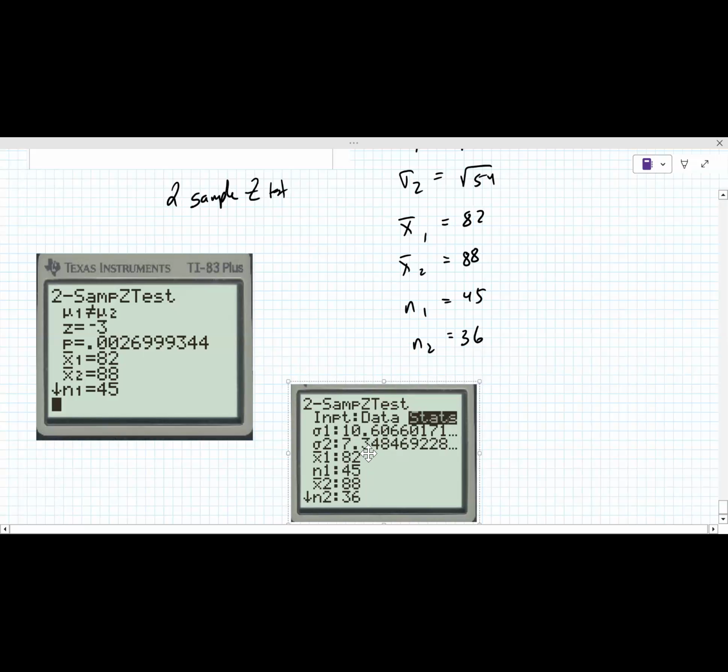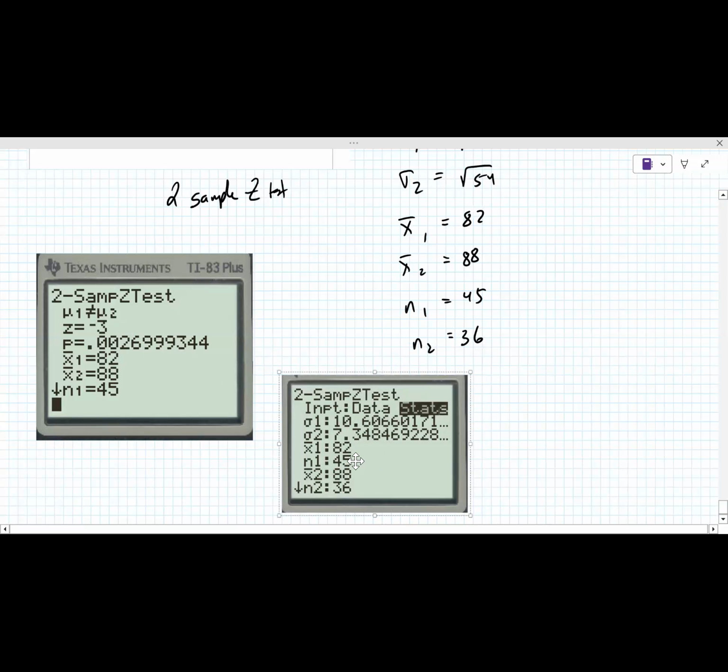I have Z as 22.19. That's way too far apart. What's your X bar 1 and N1? X bar 1 is 82 and N1 is 88. N1 is 45. X bar 1 is 82. It's got to match exactly what's here. My X bar 1 and N2 match.